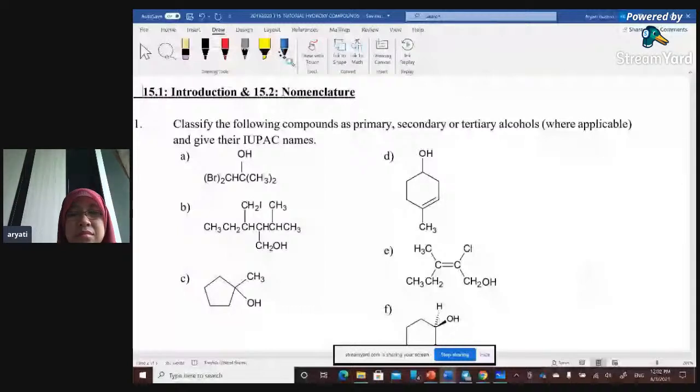Okay, so the first reaction is sodium, means this is sodium metal.